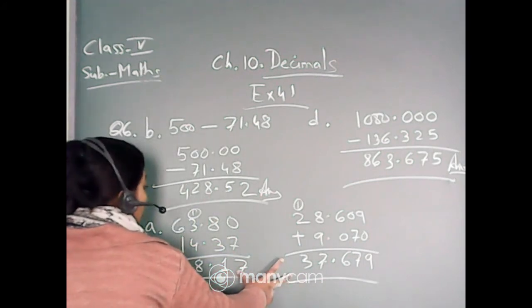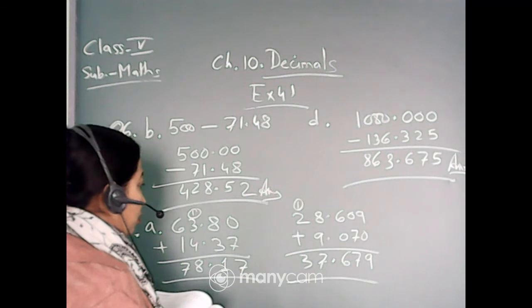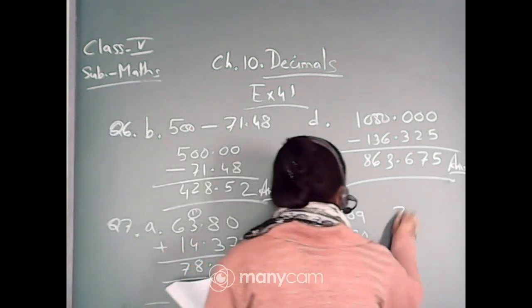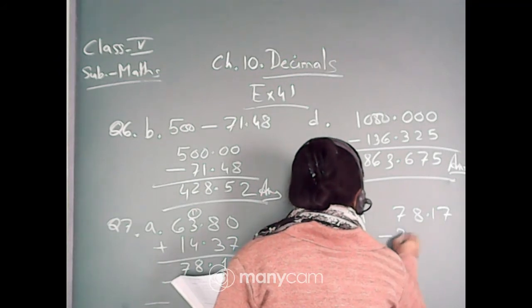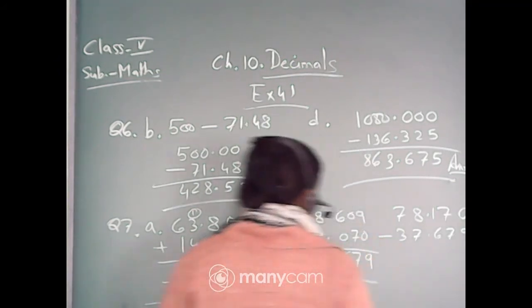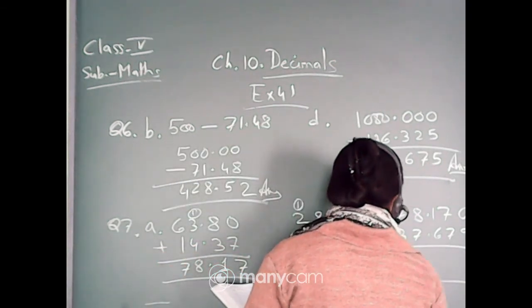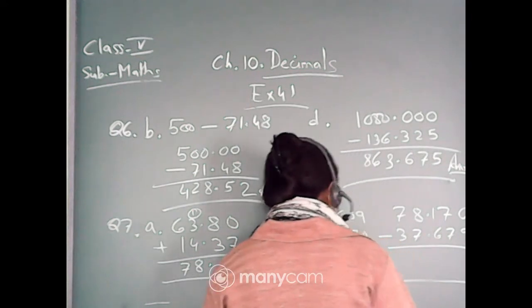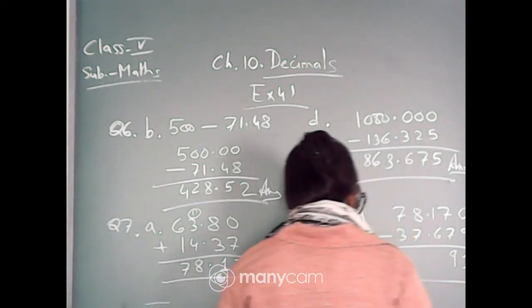Now these two answers you will subtract, as the major one is given in subtraction. So let us subtract 78.17 minus 37.679. Since it is like fractions, you will add 0 to make it like fractions. So subtract 1, 9, carry 1.